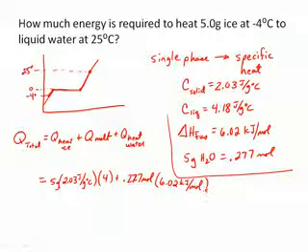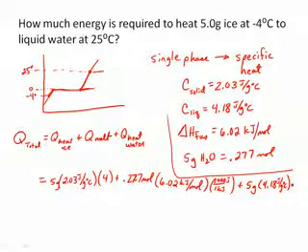And remember, we're going to add these together, so our units have to match. So I'm going to say 1 kilojoule is 1,000 joules, so that's going to be in joules. And then again, I have 5 grams times 4.18 joules per gram degrees Celsius. And now I'm going from 0 up to 25, so I have a delta T of 25 degrees Celsius.